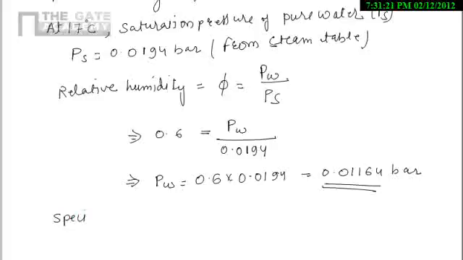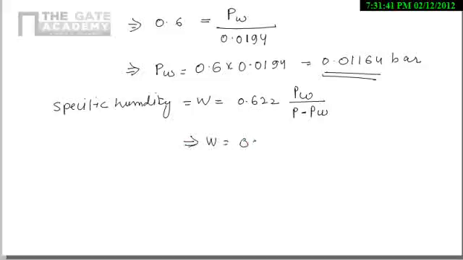But we are interested in specific humidity. For specific humidity, denoted by W, we have the formula 0.622 PW divided by P minus PW. So W equals 0.622 into 0.01164 divided by P, the total pressure given, 1.01325 minus PW, 0.01164.